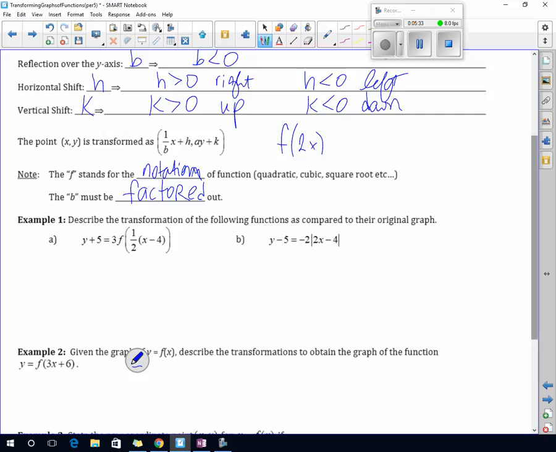Okay, so let's take a look at my x first. What happened to x first? Okay, so again, we got to follow BEDMAS. We do the multiply effect before the adding effect. So what happened here? No, we are looking at the brackets. We have to do the b before the h, is what I'm saying.